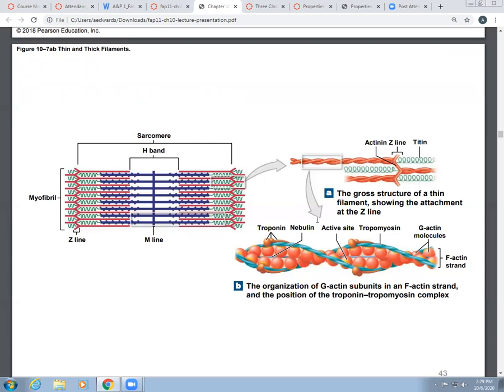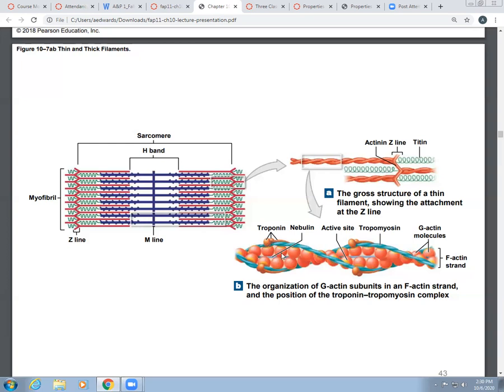Now, if we're going to look at even greater magnification, what we'll end up seeing is tropomyosin, which is essentially wound up as well, but it's kind of a long molecule.